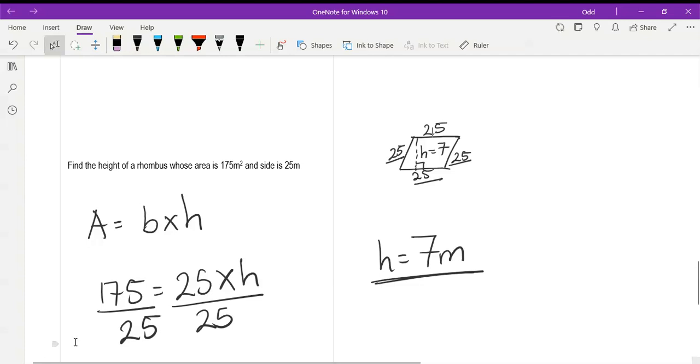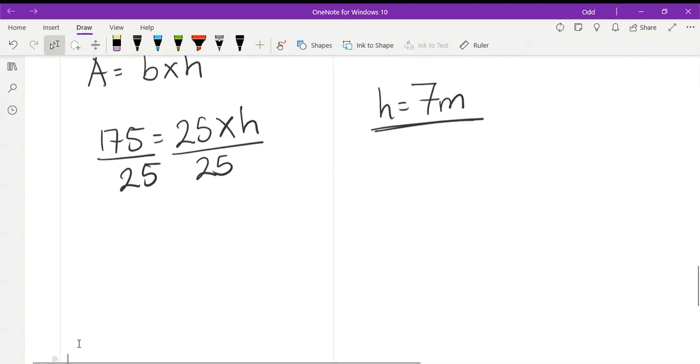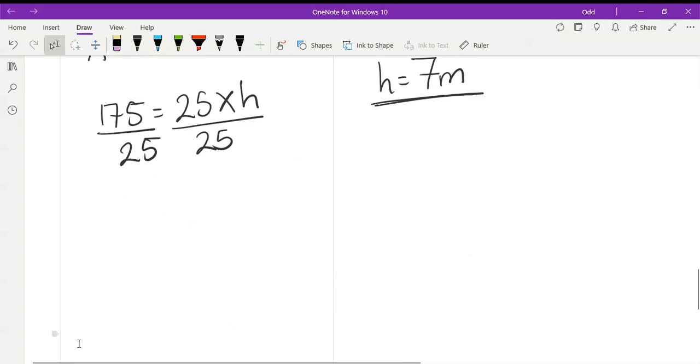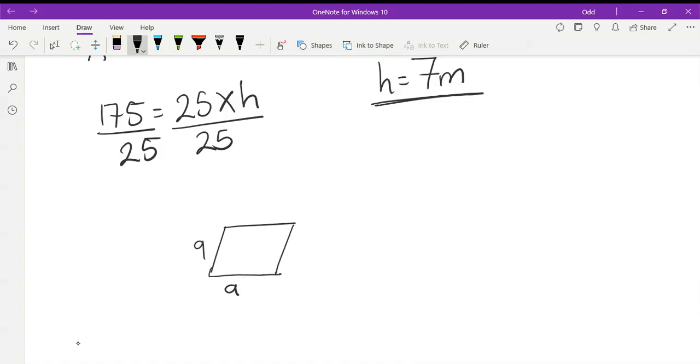Now there's also another formula for finding the area of a rhombus. That's only if you're given the angles. So let's say this is A, this is also A, and then you're given the angle between them as theta. So you can use the formula area is equal to A squared sine theta.